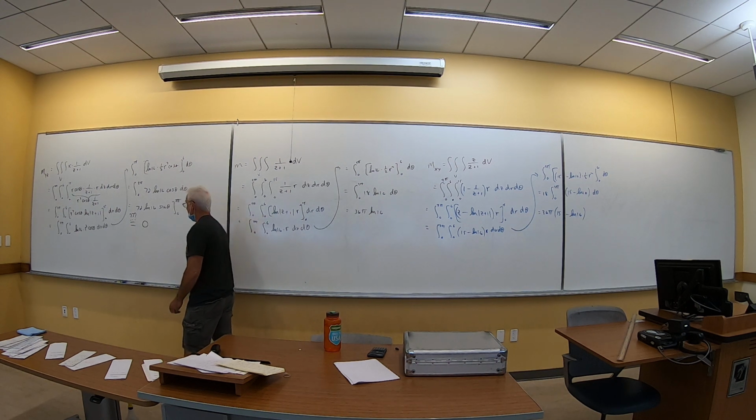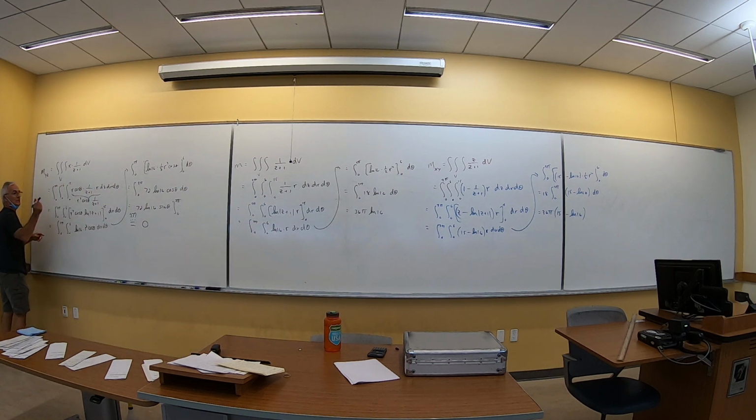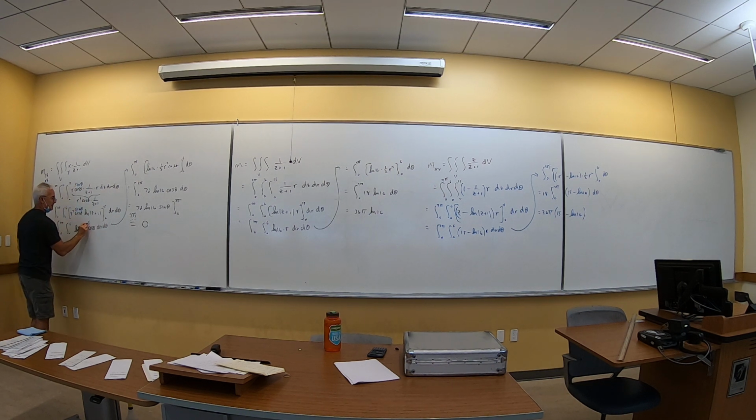Okay, let's now do xz. I'm going to do it in blue because I'm going to be really lazy right now. What changes? That's a y, so that's a sine theta.